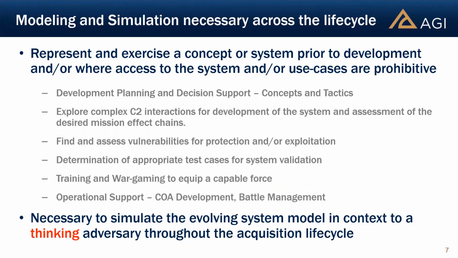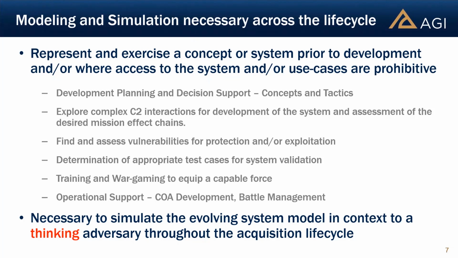All right, so let's take a step back a little bit. Why modeling and simulation? I think we understand, across the life cycle, the necessity exists at every phase. At development planning, decision support, looking at new concepts, and going into the early design, we have a need to start simulating some of these things.